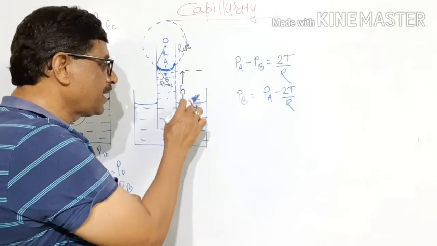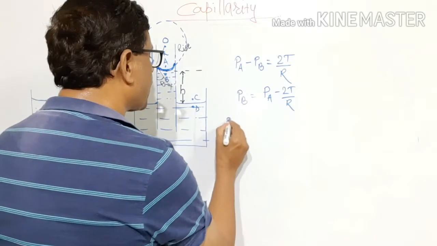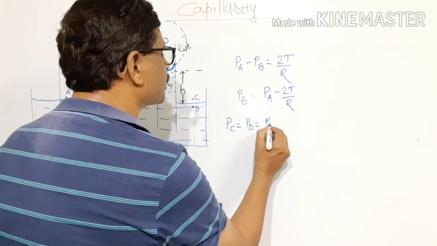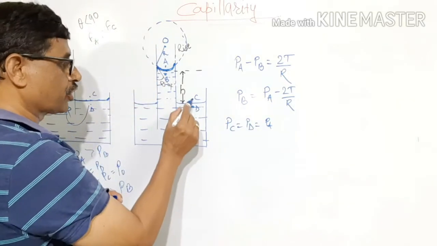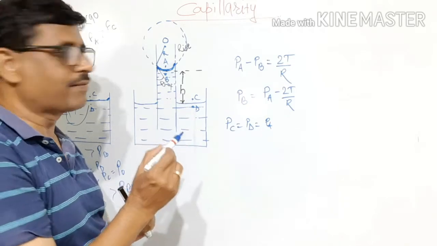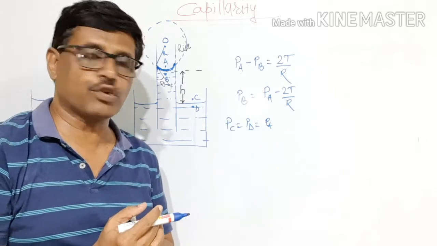Now, the pressure at C is equal to pressure at D, which is equal to pressure at A, because C and D are on either side of the horizontal liquid surface. A and C are in air, and have atmospheric pressure.